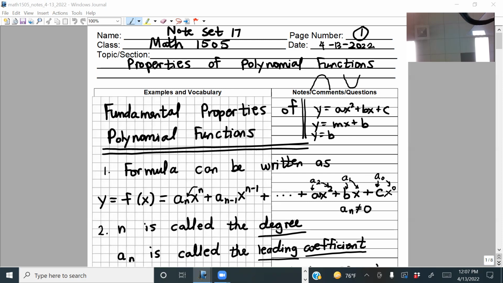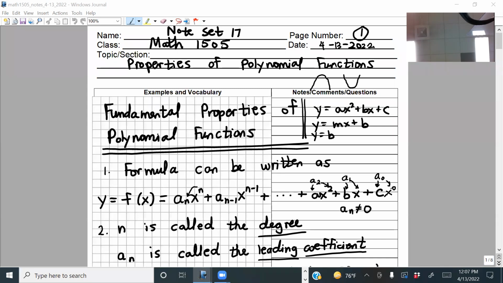Now, here's what the formula for a polynomial function looks like. This is in very abstract form. Of course, when we actually deal with polynomial functions, we'll be looking at specific examples, but here's just the abstract form. You just have a power of x with some coefficient in front of it, plus another power of x with some coefficient in front of it, and so on and so forth, down to a constant at the end of the formula.